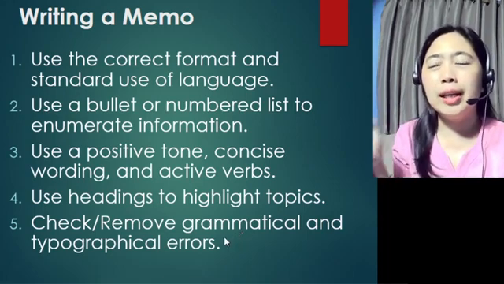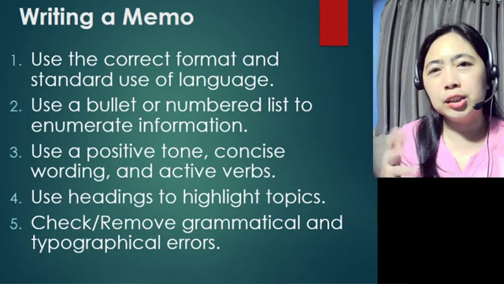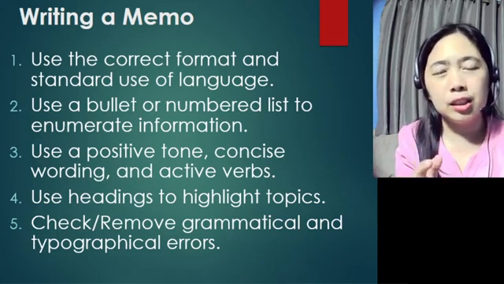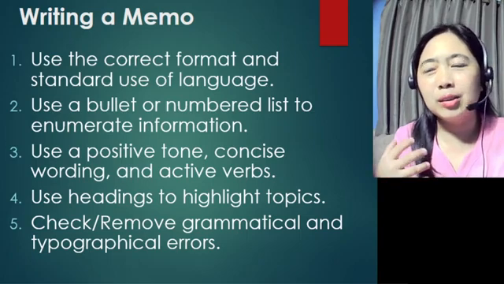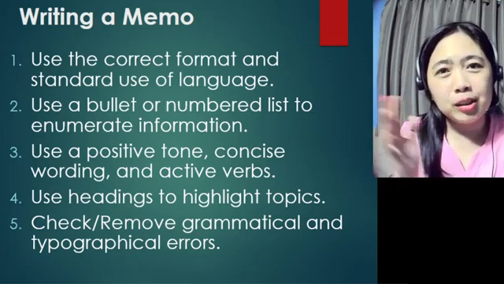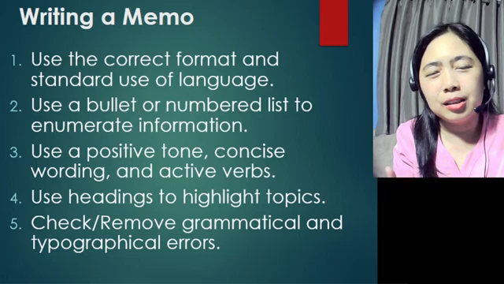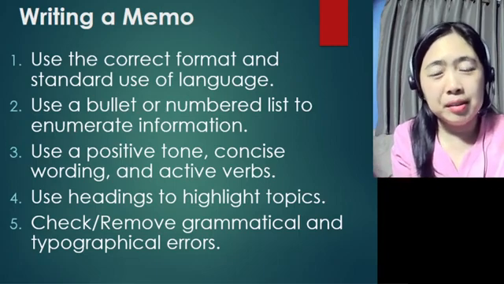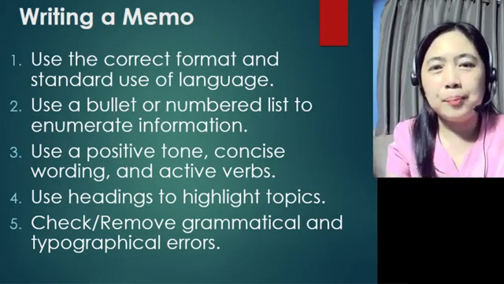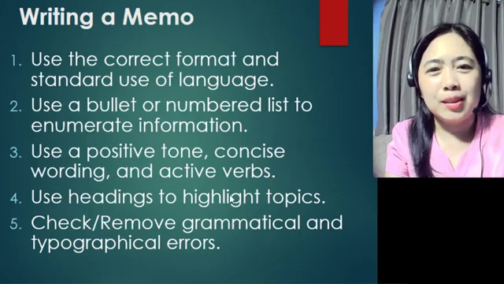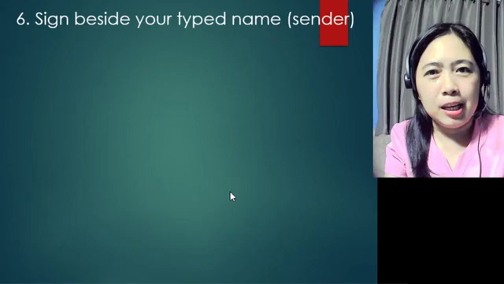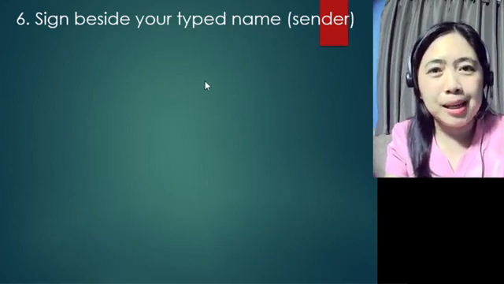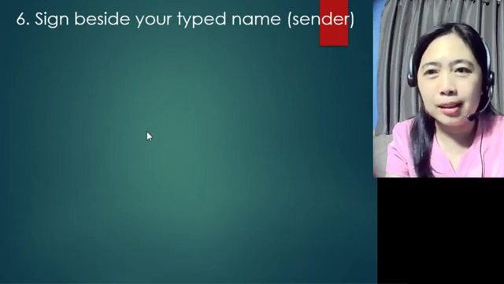Before you ask the chief editor for his initials, you also have to double check your work, so that you will not feel shy when your chief editor reads or checks your output. Next, sign beside the typed name of the sender. The sender is Mr. Tumales, not you, since you are just the secretary.